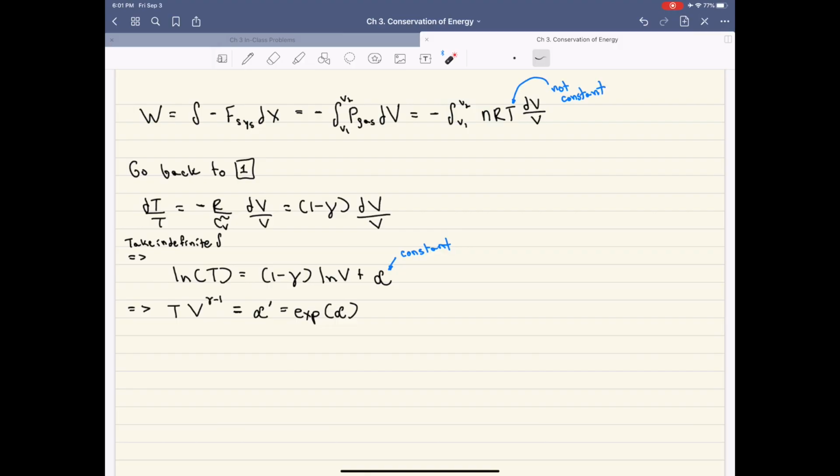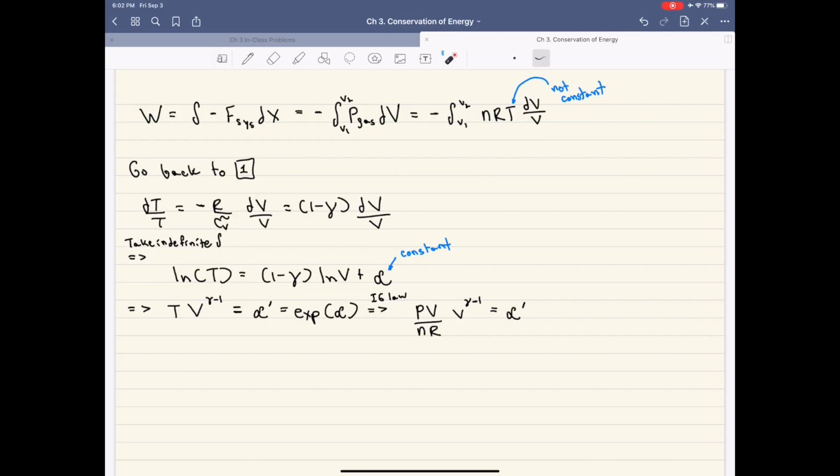In any case, we have this relationship on the left-hand side, and what we could do now is plug in the ideal gas law for temperature. What we get is pressure times volume over moles and the gas constant, still times that other volume to the gamma minus 1, that's still equal to alpha prime, which is just the exponential of alpha here.